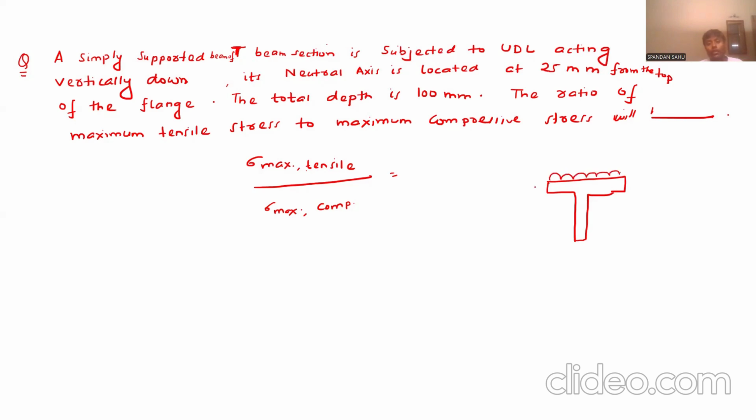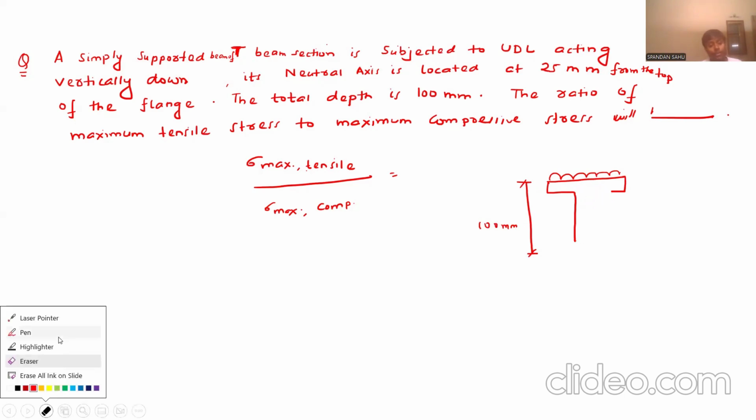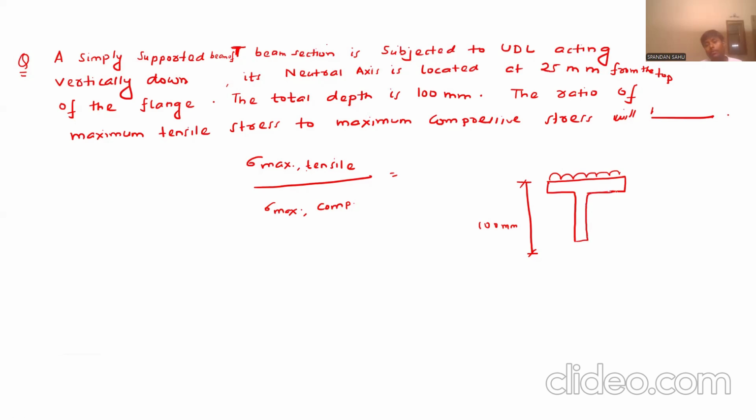And the total depth is 100 mm. And the neutral axis is located at a depth of 25 mm from the top. So they have given one more chunk, that is, 25 mm is the location of the neutral axis from the top side.